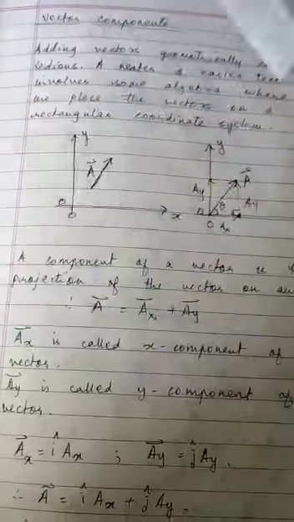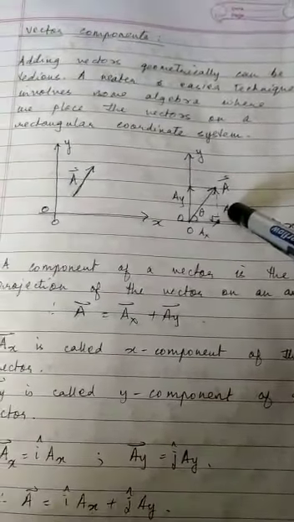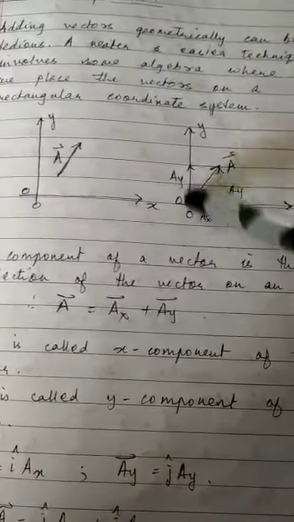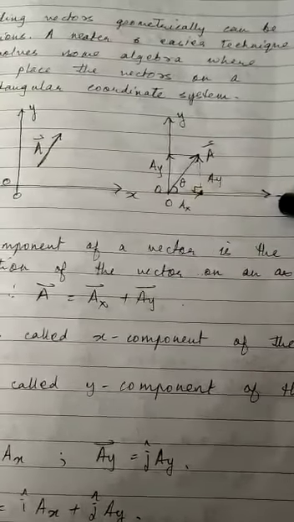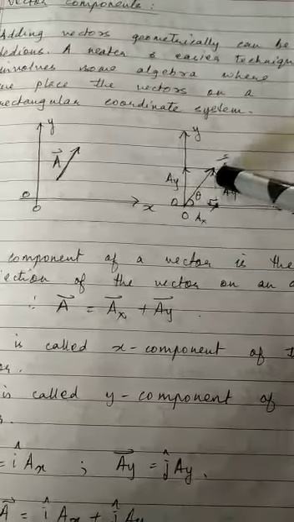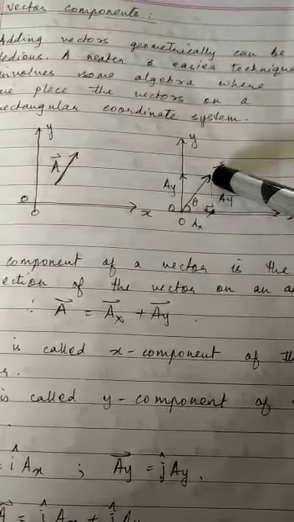So there exists a neater and easier technique, and that technique is to draw a vector along the xy coordinate axes and resolve it into vectors along the x-axis and y-axis.